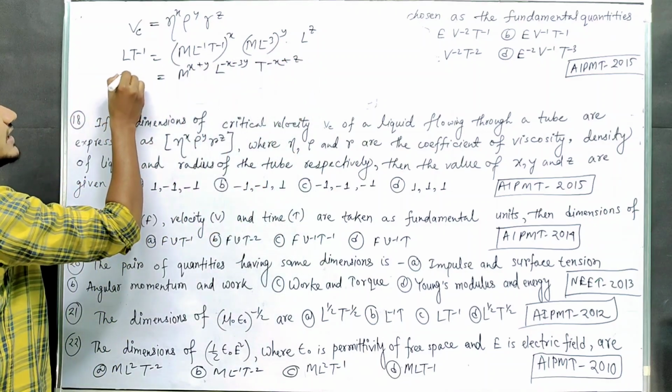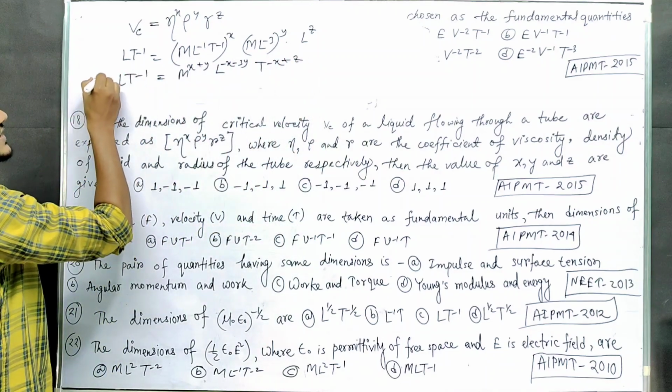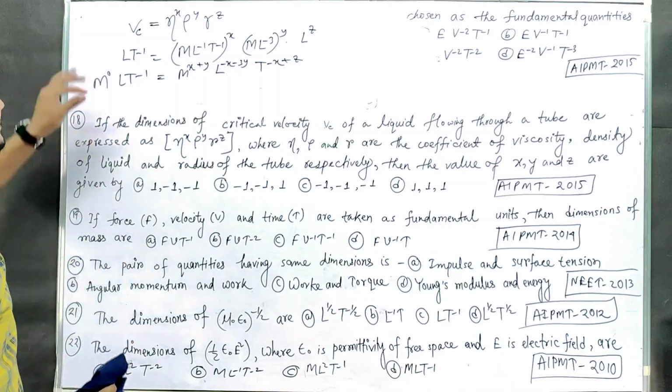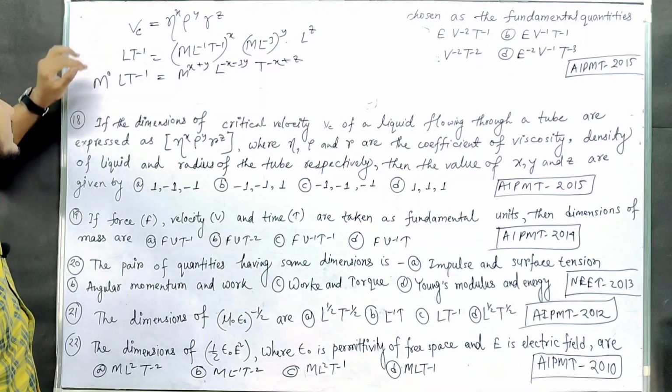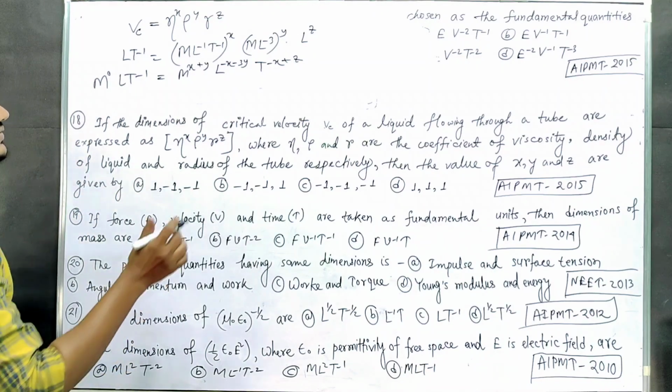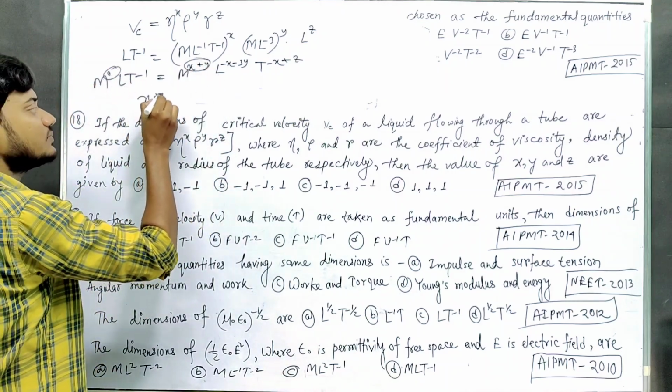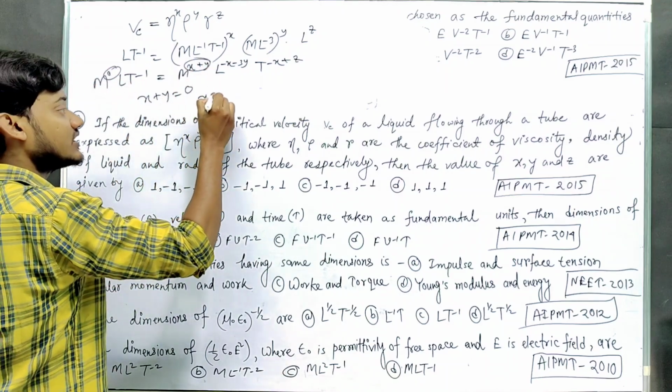Okay, L T inverse, let's put M to the power 0, since there was no M. Now just compare both sides: x plus y equals 0, so x equals minus y.